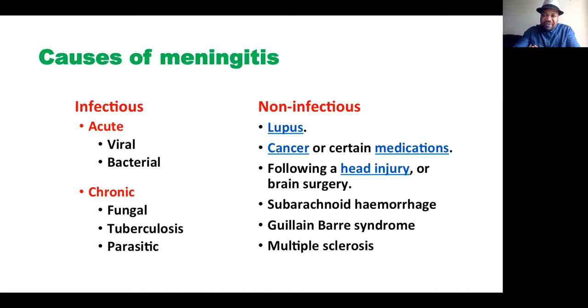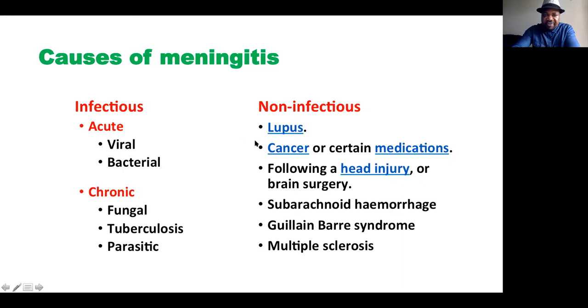You can also have conditions like Guillain-Barré syndrome and multiple sclerosis that also give you the clinical presentation of meningitis. But in this lecture series we will mainly focus on infectious causes of meningitis.